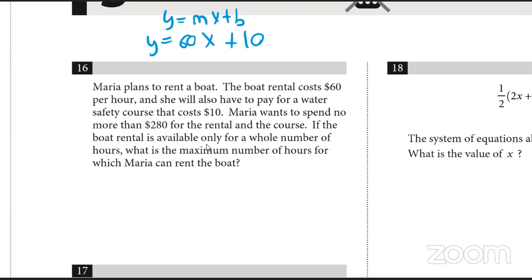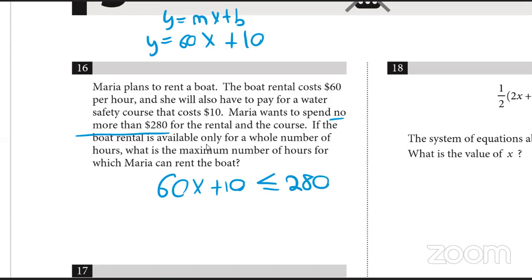The one that changes with every additional hour, that's your slope. And the starting number, that's your y-intercept in all of these situations. So this is our equation, 60x plus 10. And it needs to come out to no more than 280. So it can be less than 280 or equal to 280 because it's no more than 280.